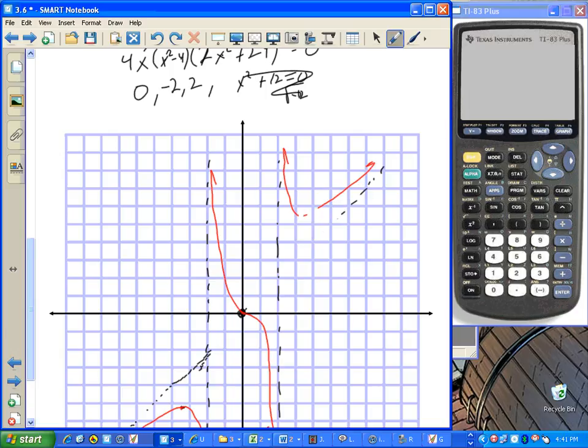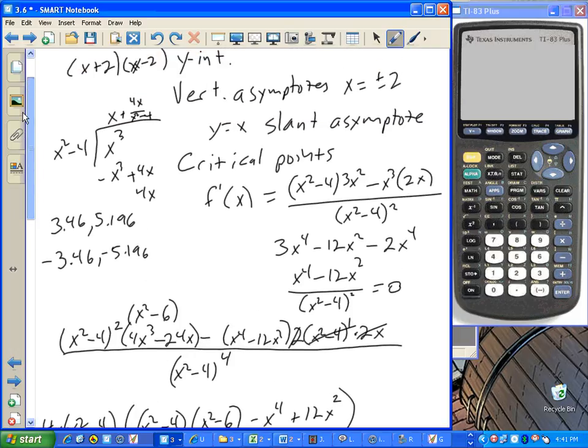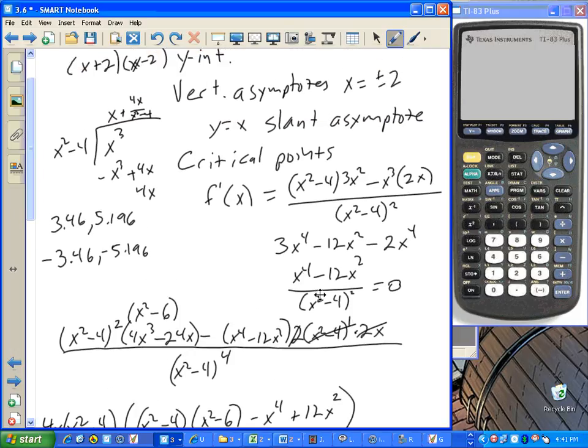So let's do that real quick. Let's put this point back in there. So my first derivative is here. I'm going to test a point like, I can do 3. If I put 3 in here, I'm going to get positive minus some number, which is going to be smaller, because 3 to the 4th is much bigger than, well, 3 to the 4th is 81 minus 12 times 9.